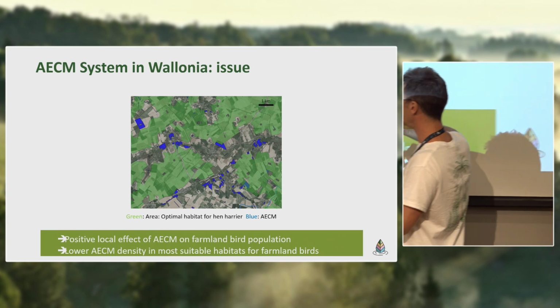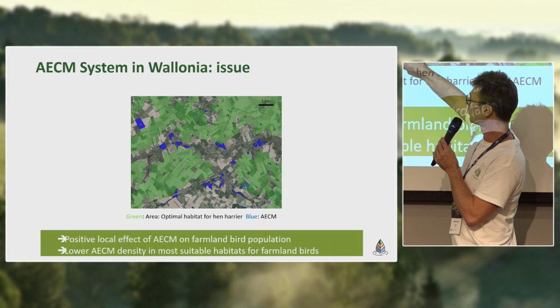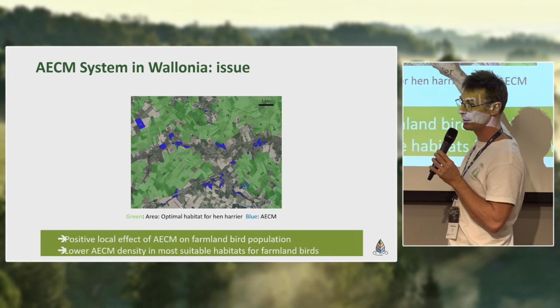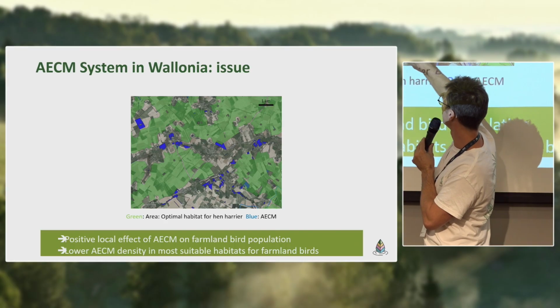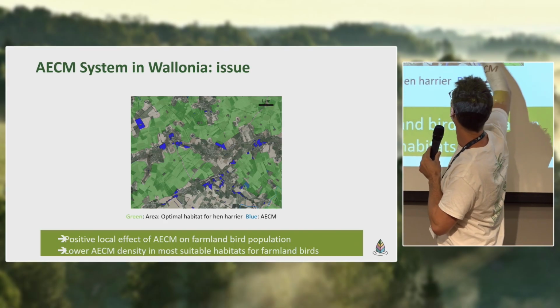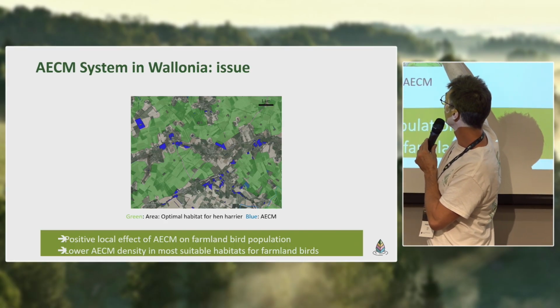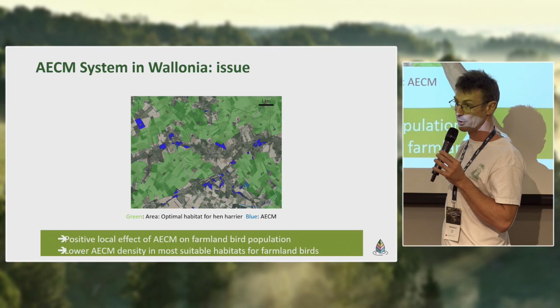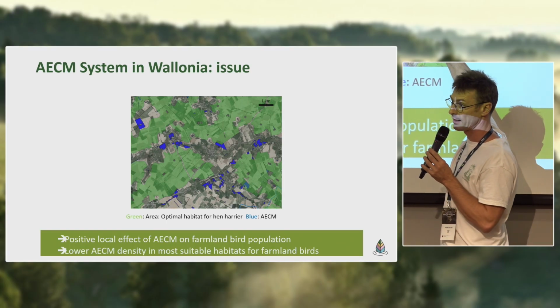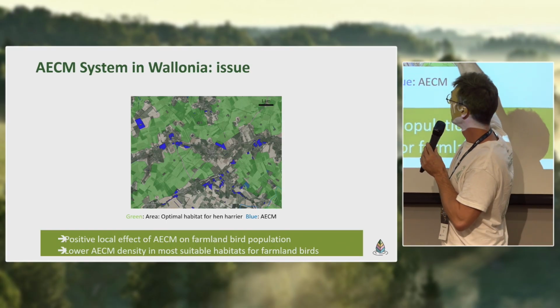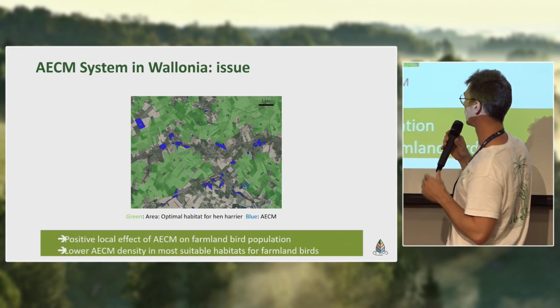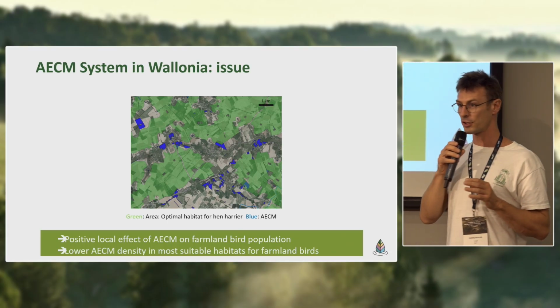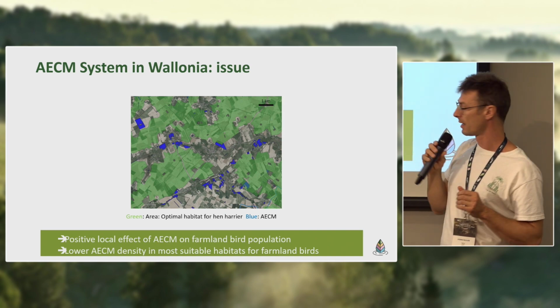We easily put schemes close to the house, close to the village, but the schemes are in blue here, and in green here we have the most interesting area for the bird, which are areas that are far from the village, and it's difficult to implement schemes there. So we have an issue with the location of the scheme.